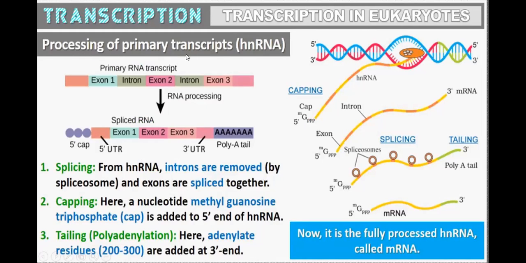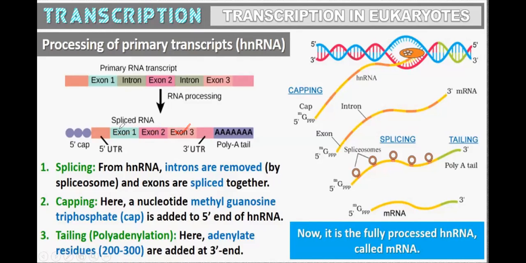Processing of the primary transcript, called heterogeneous nuclear RNA. When RNA is synthesized during transcription, this is the primary RNA transcript. It contains exon 1, intron, exon 2, intron, then exon 3. Then there is RNA processing. During this processing, introns are removed, giving spliced RNA with exon 1, exon 2, exon 3.